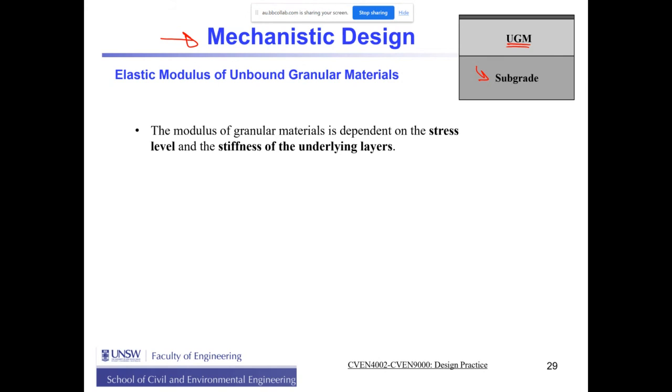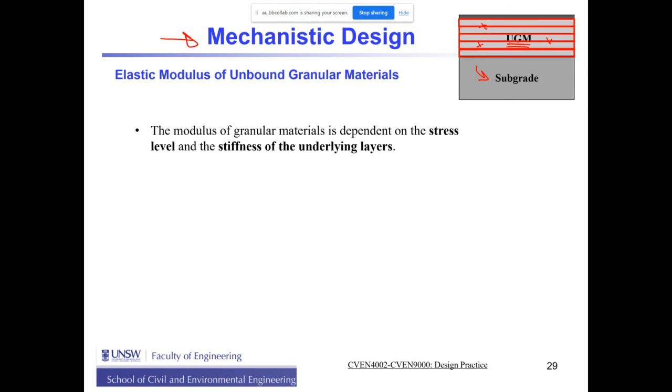We know that for unbound granular material, the Young modulus is a function of the stress, and it also depends on the stiffness of the underlying layers. So at different points inside the unbound granular material, we will have different strength values. And for mechanistic design, we need to take into account that effect.